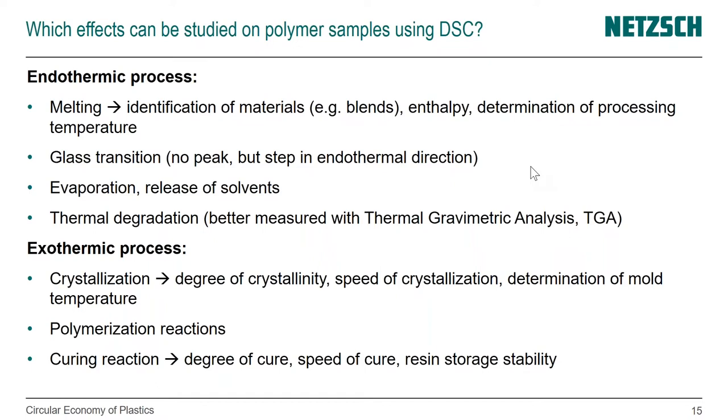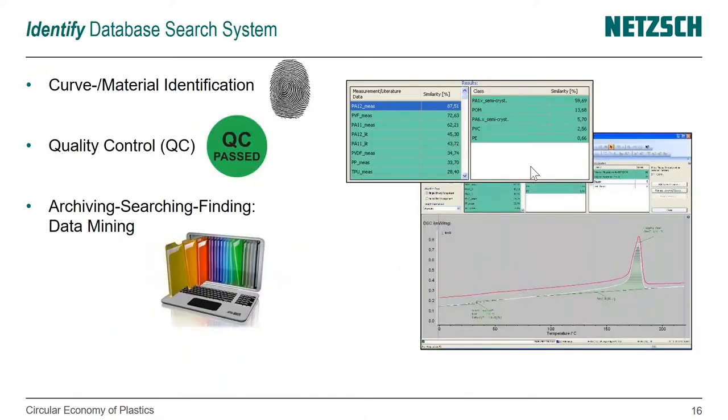With exothermic processes, we can study crystallization, all kinds of aspects of it, polymerization reactions and curing reactions. So there's a lot that can be done with DSC, but again, today I want to focus on the identification aspect of it. I also want to touch on another software tool that we have in our Proteus software.